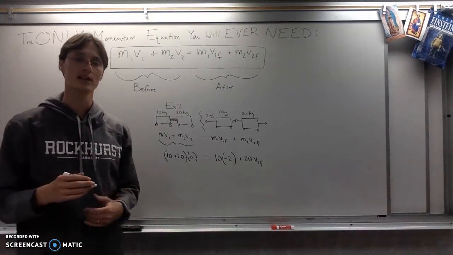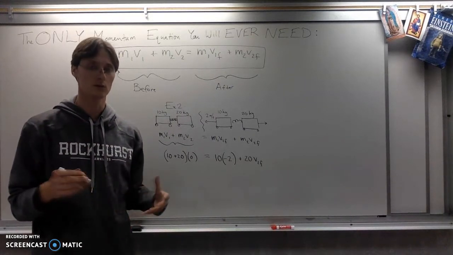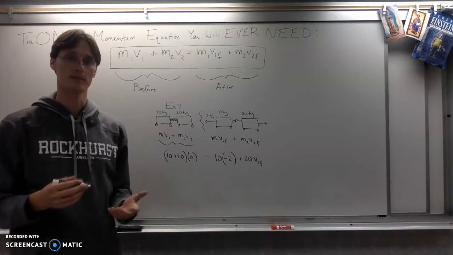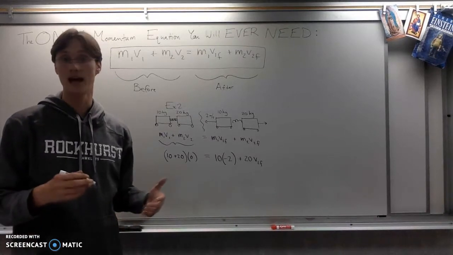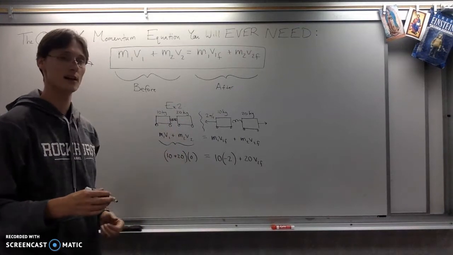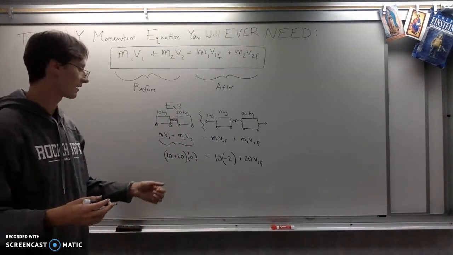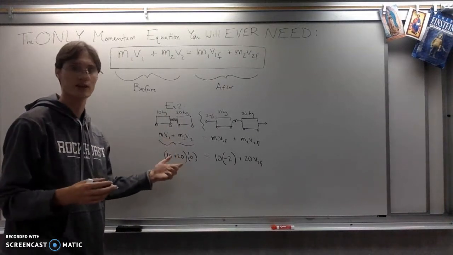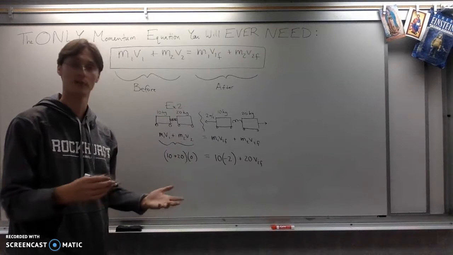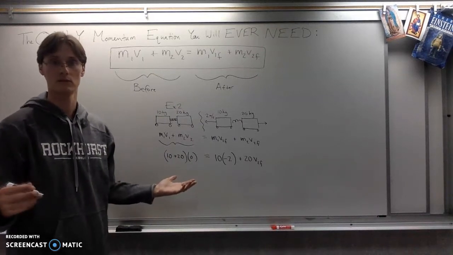Those kinds of things, you can lump the two objects together and treat them like one. So often there's going to be an M total instead of having two separate terms. The key idea there being that if they're moving together, they don't have two separate velocities. They have the same velocity because they're moving along together.